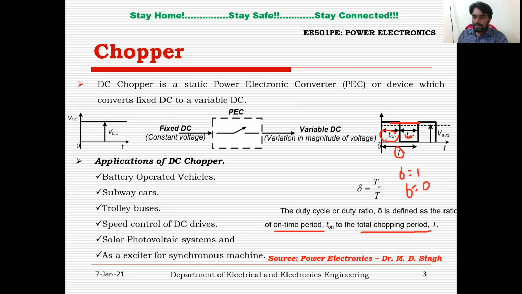If you make the chopper always off, then T on equals 0, delta equals 0, which means delta can be varied from 0 to a maximum value of 1. This is the variation of your delta, which is called the duty ratio or duty cycle.